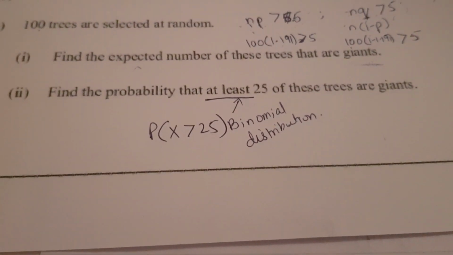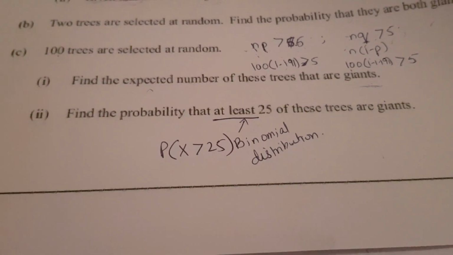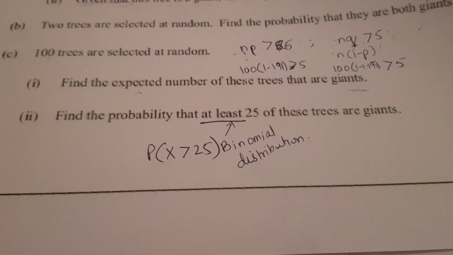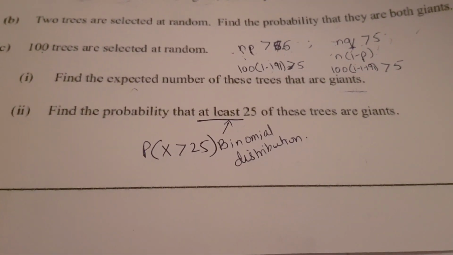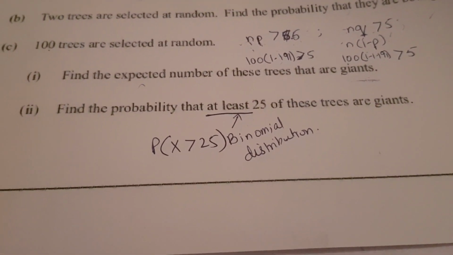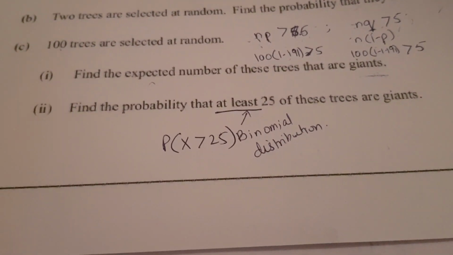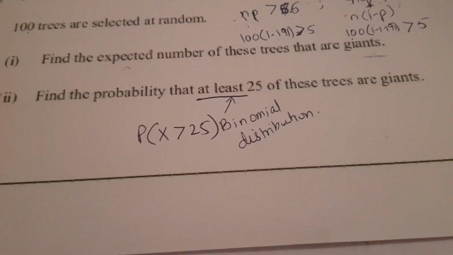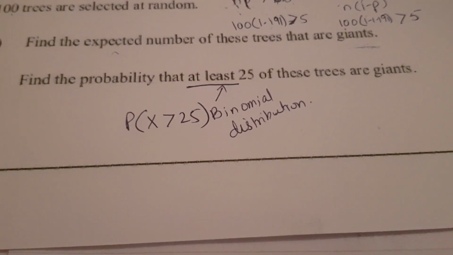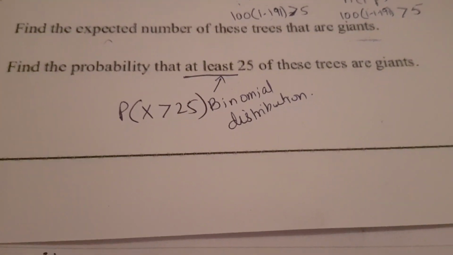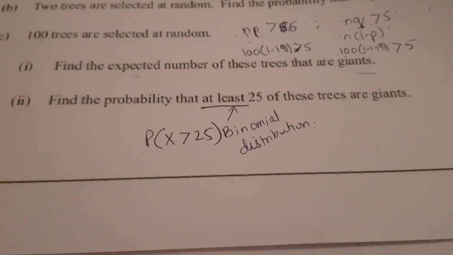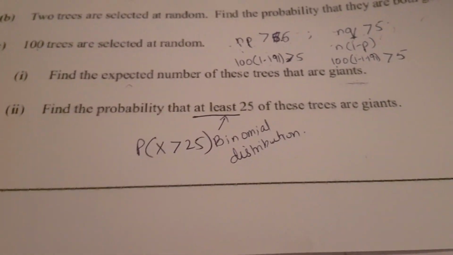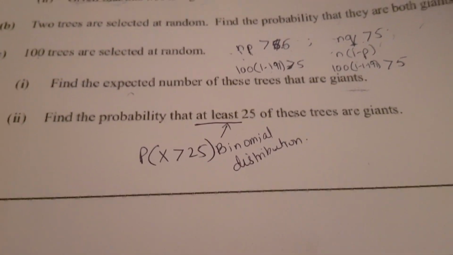I'll repeat. Whenever you have a question where they tell you this is a normal distribution, and then in one part they ask for at least or at most, and there is a finite number, see over here it's at least 25 and 100 is also finite, so it's not too much greater, not infinite.